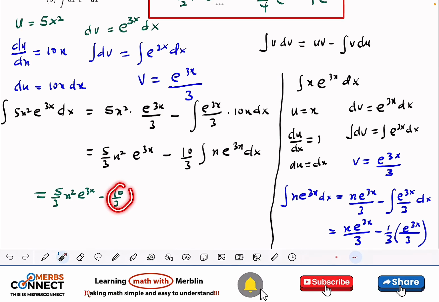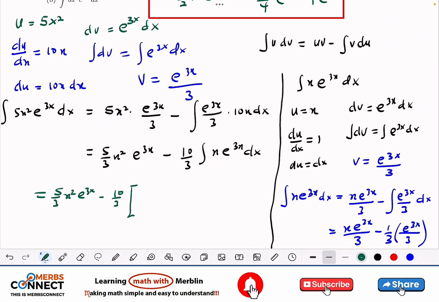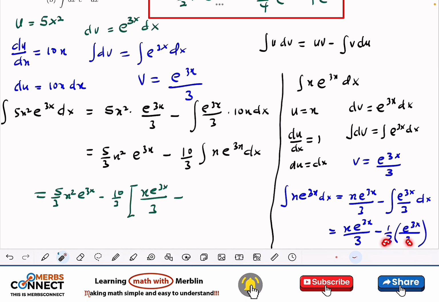Now when I finish the 10 over 3 here, this is equal to the whole of this. So I'll open my square bracket and I put x e to the power 3x divided by 3 minus, now when I simplify this, I'm going to have minus 1 over 9 e to the power 3x, and then I'll add my c. I hope you've gotten what I just did.